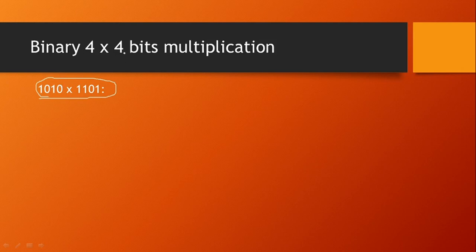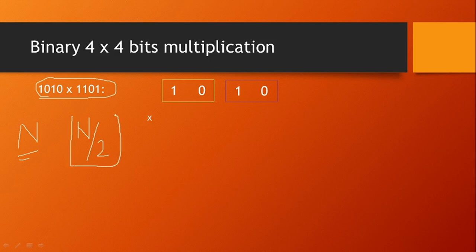So if you have a 4 by 4 bit number, we can divide that number into a pair of bits, 2 bit and 2 bit. So 1010 we can divide into 2 bit pairs, 10 and 10. That means whenever we have n number of bits, we may divide that n number of bits by n by 2 number of bits. So in place of a direct n bit multiplier, we can also achieve it by n by 2 bits multipliers.